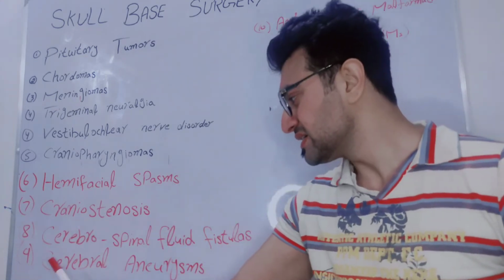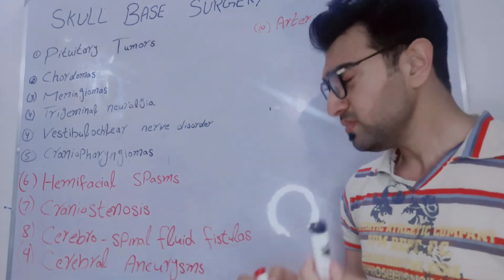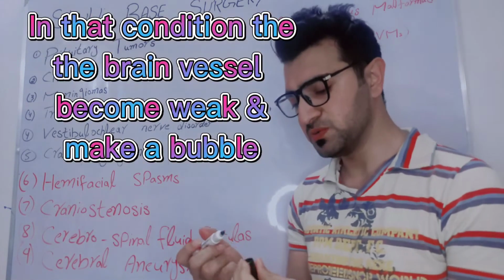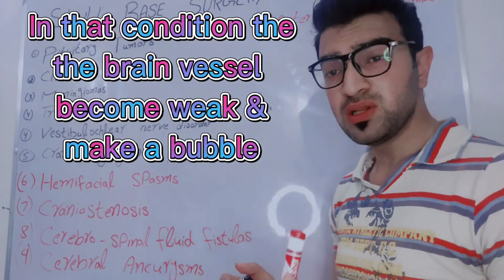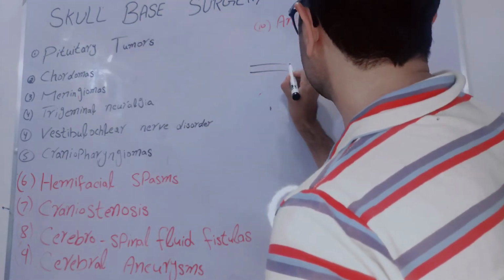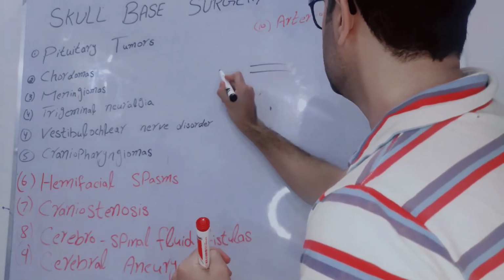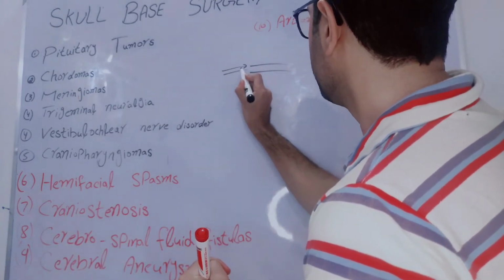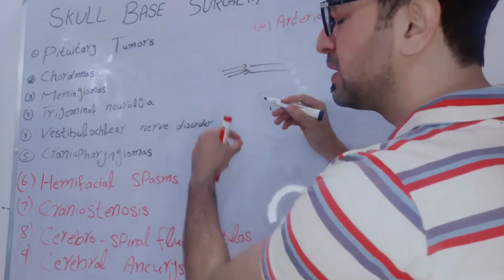The 10th one is cerebral aneurysms. It is a type of condition that especially occurs in the brain vessels. I will give you an example. In the brain vessels, when the blood passes under high pressure, the vessels become weak.